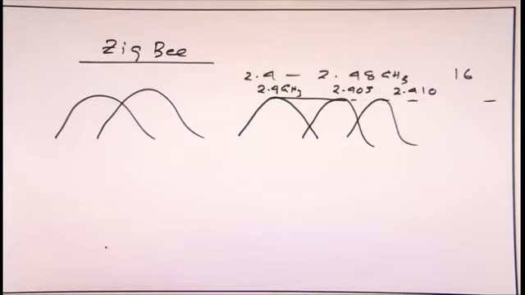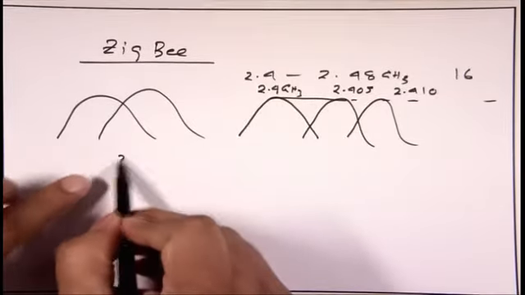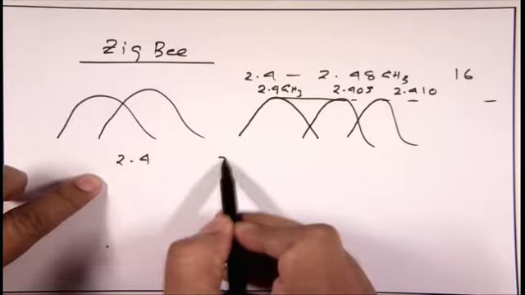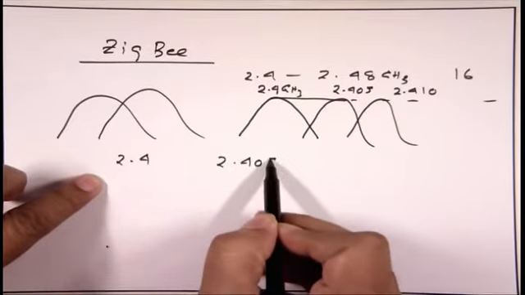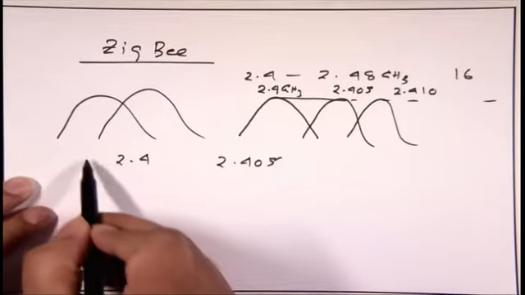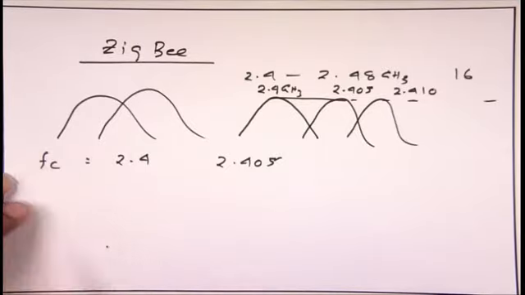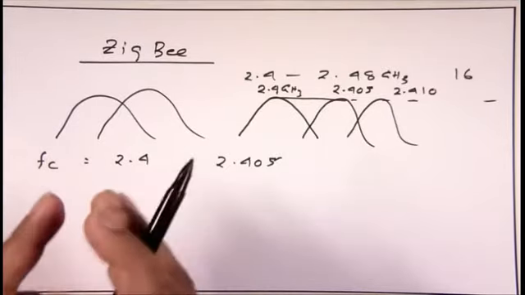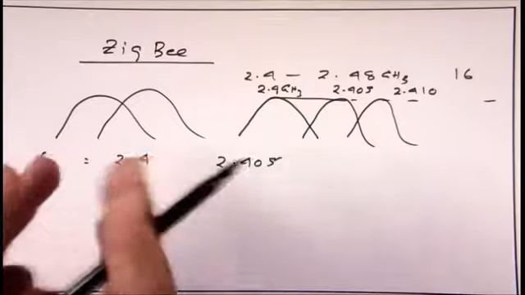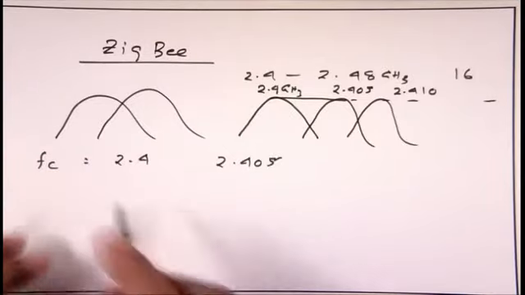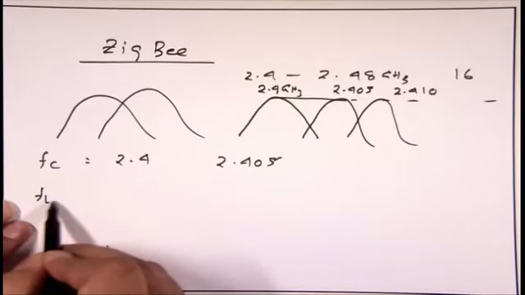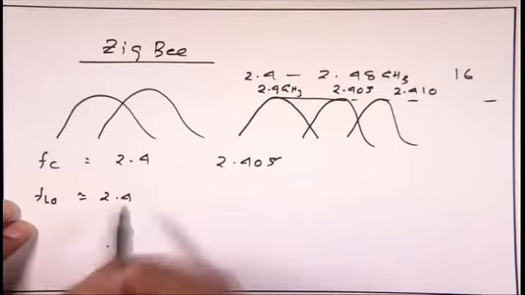So you understand, this is 2.4, right, and another one is say 2.405. That is my FC. How to extract the signal from the carrier at 2.4? I have to introduce an LO close to 2.4, yes or no?